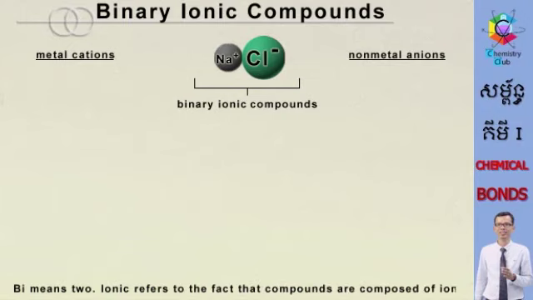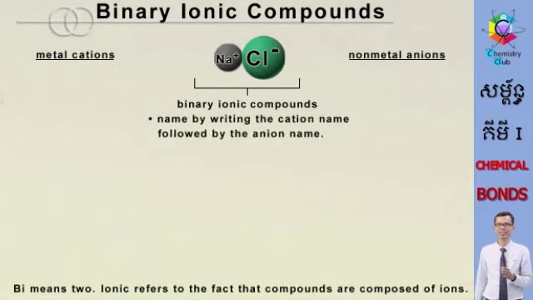Bi means 2, and ionic refers to the fact that the compounds are composed of ions. Binary ionic compounds are named by simply writing the cation element followed by the anion name. Therefore, the combination of calcium and fluorine would yield the binary ionic compound calcium fluoride.